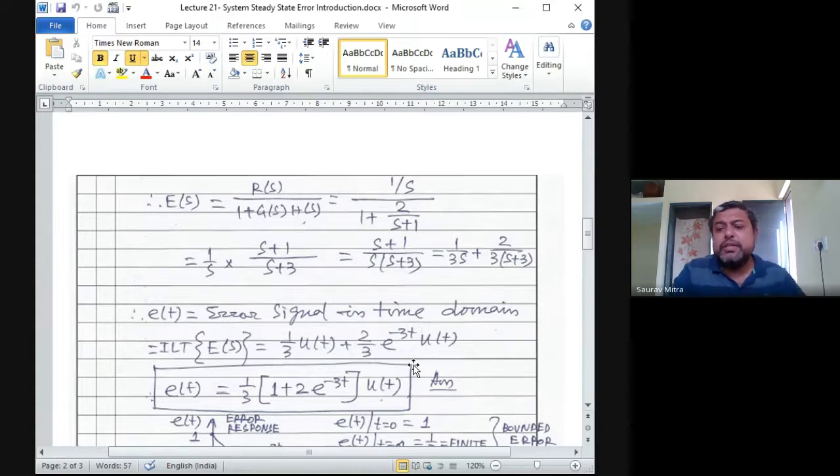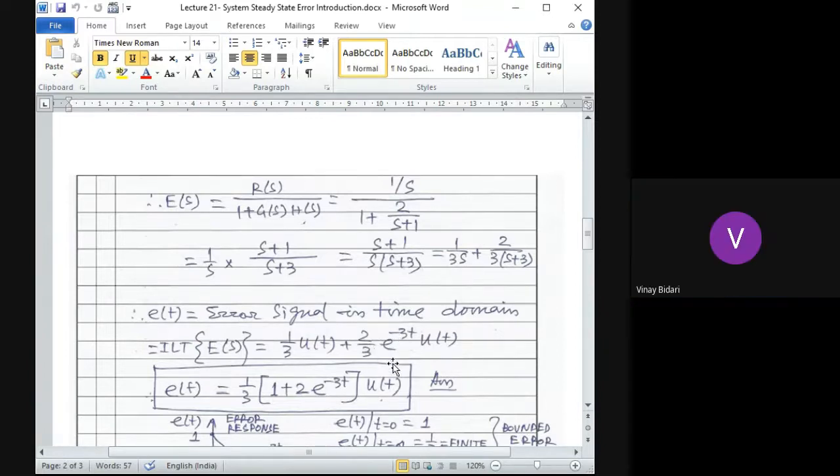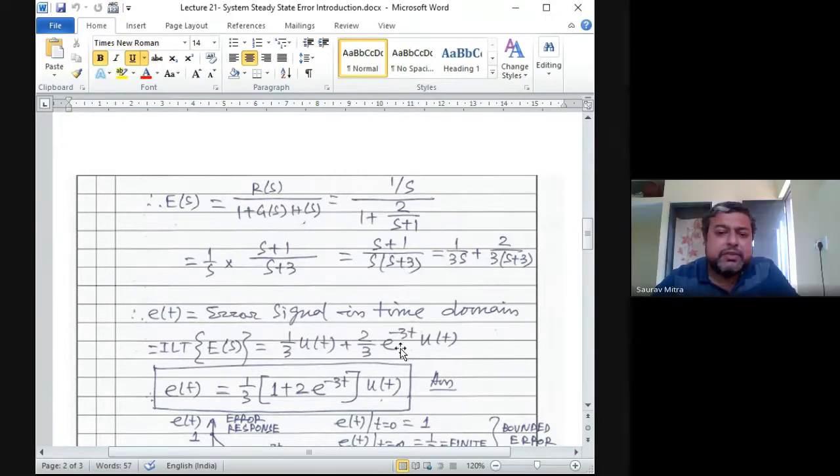Substitute t equal to 0. How much will be the amplitude, only this part? 2 by 3. And at t equal to infinity, what is the amplitude? 0. Very good. So as t increases, what is the amplitude of 1 by 3 u(t) at t equal to 0 and t equal to infinity?